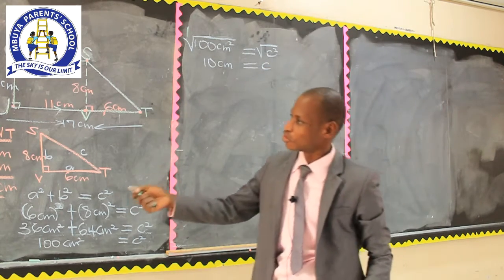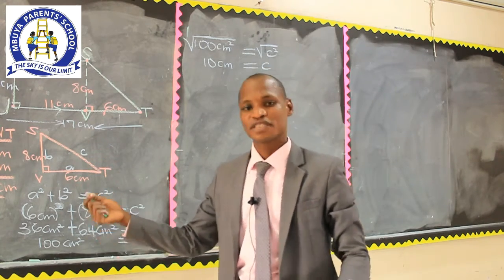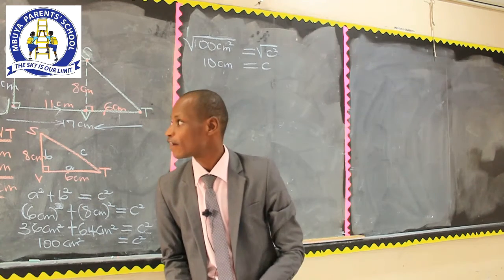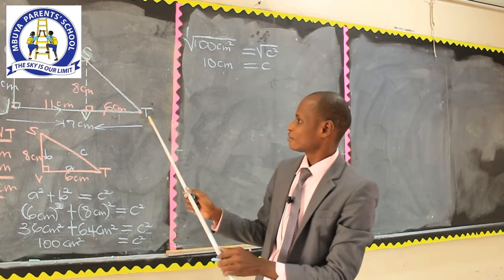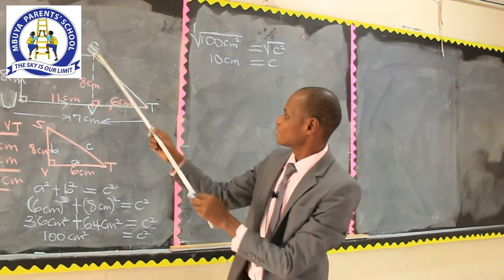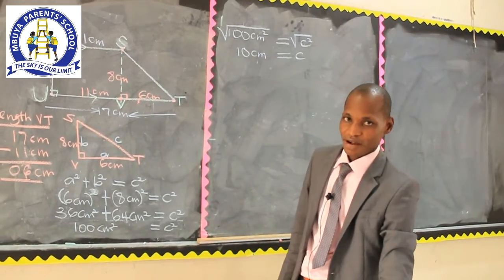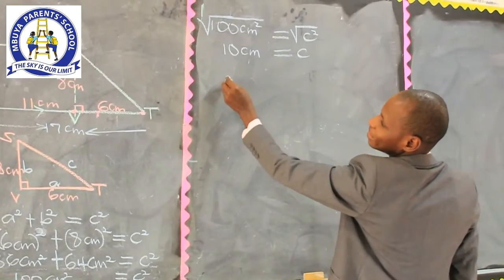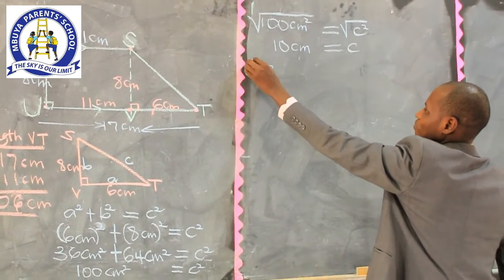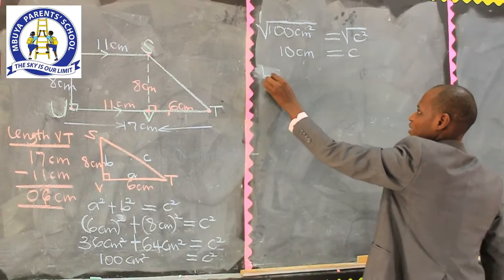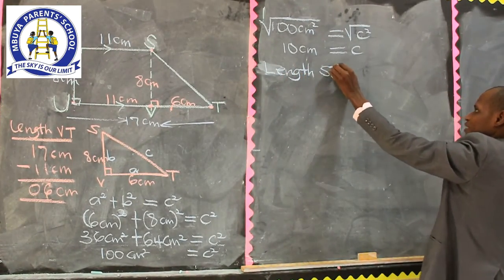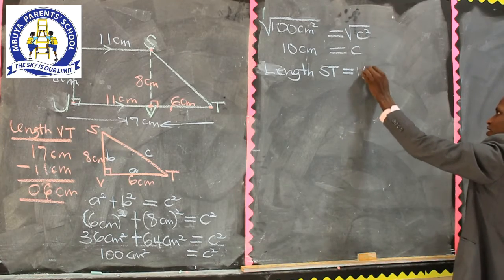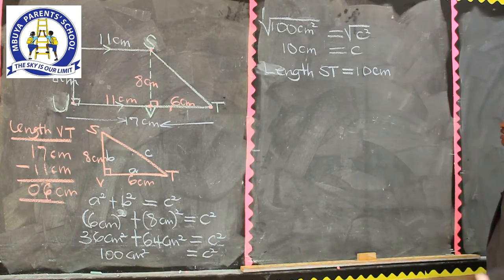Coming back to the question, it does not say find the value of C. It says find length ST, whereby length ST is now our C. So we shall say that length ST is equal to 10 centimeters.